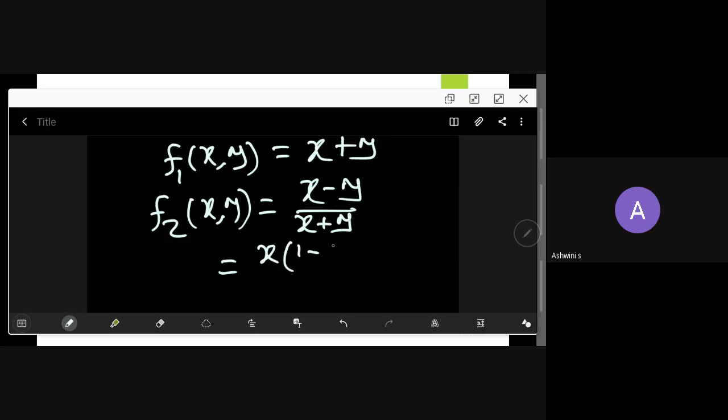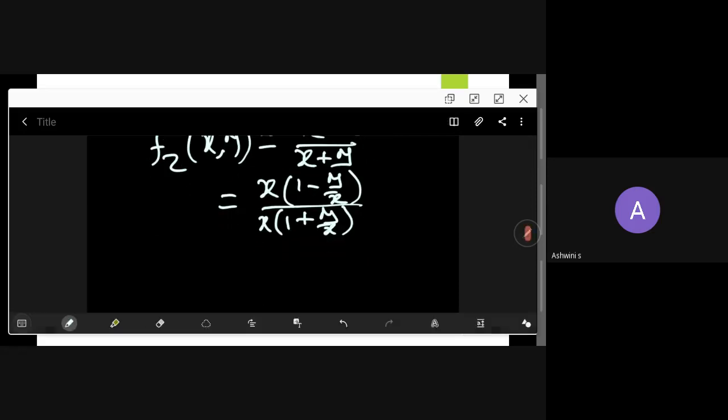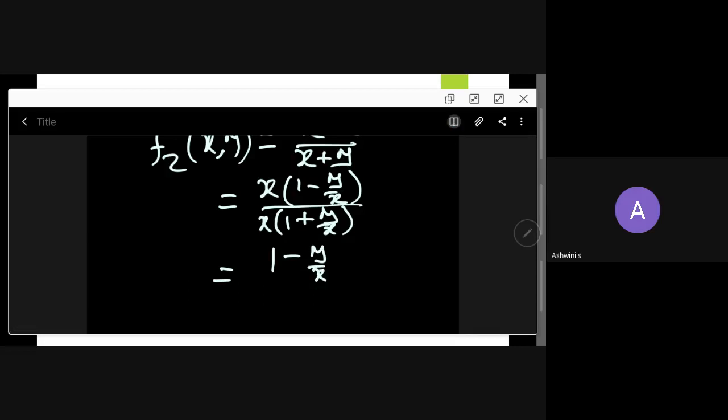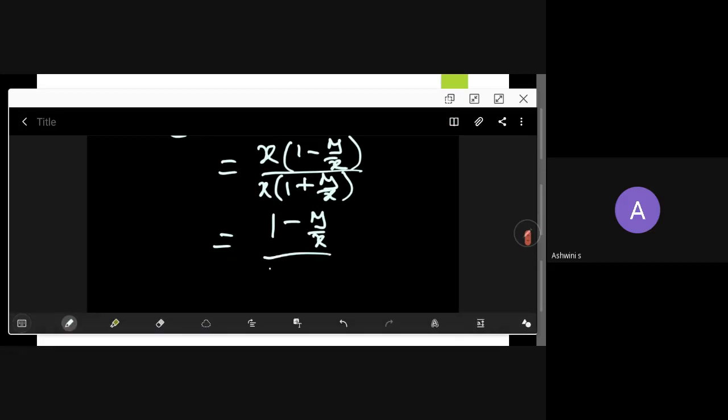So 1 minus y by x will come here, and in the denominator again x will come, 1 plus y by x, and these two x's get cancelled. As a consequence we get this as 1 minus y by x by 1 plus y by x. So you are able to see this as a function of y by x.